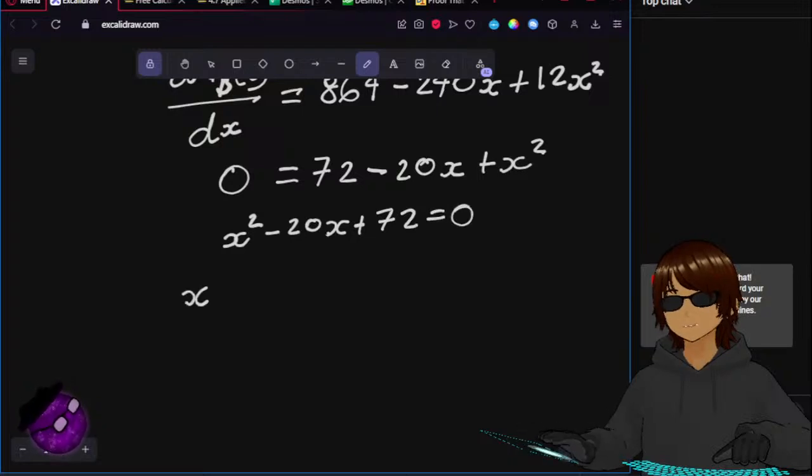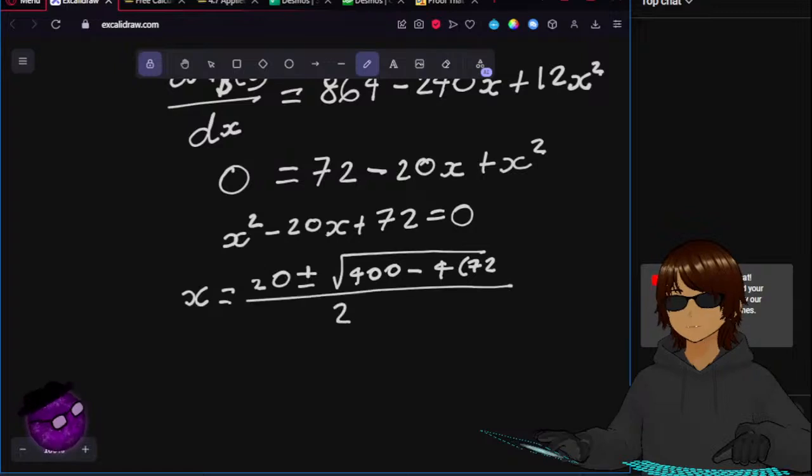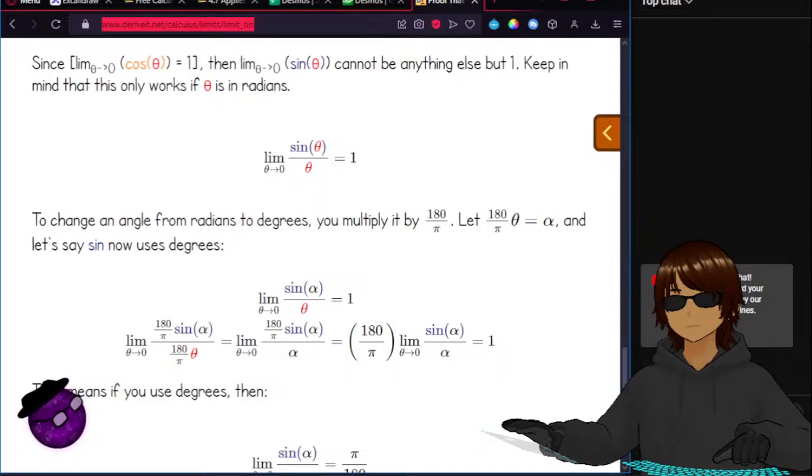Now x is equal to minus b plus or minus the square root of b squared minus 4 times a times c, over 2a, right? That's the quadratic equation. Wait.